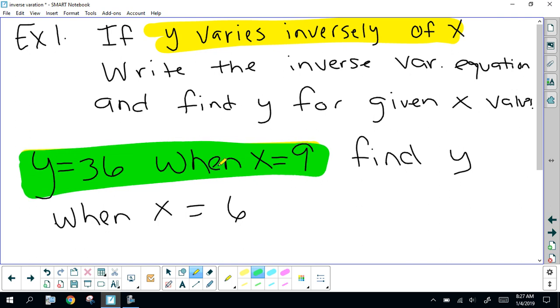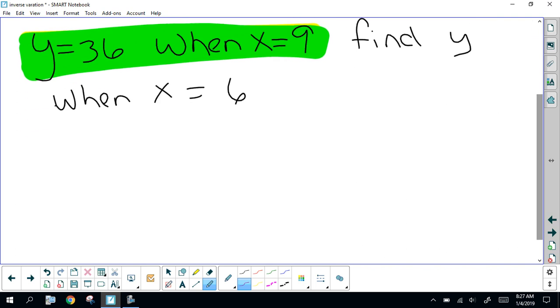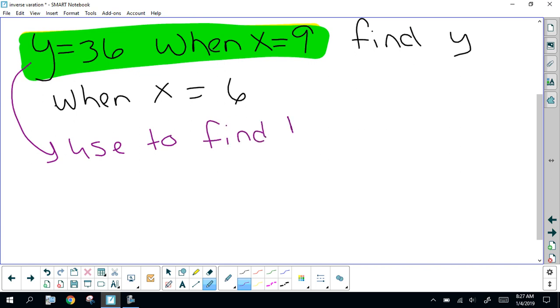You need to use the given part, the green part, to find your K. Once you find your K, we will then do the second part. On these problems, they are going to give you something given so you can find that K, or they're just simply going to tell you the constant of variation is a certain value.